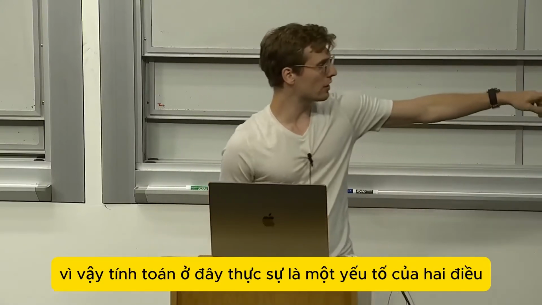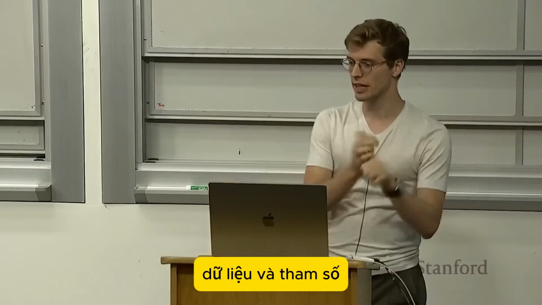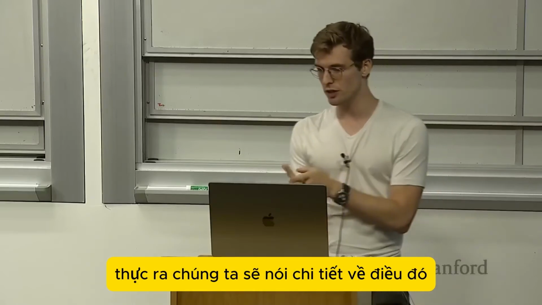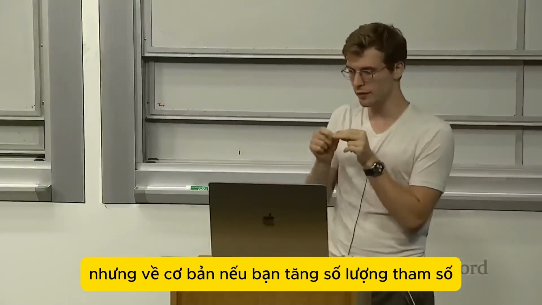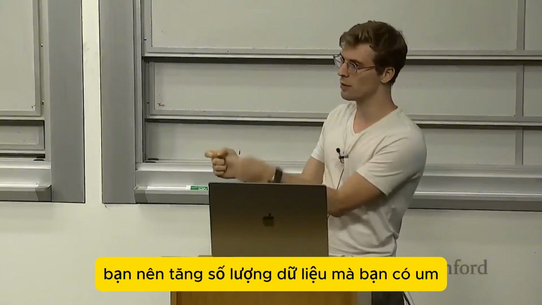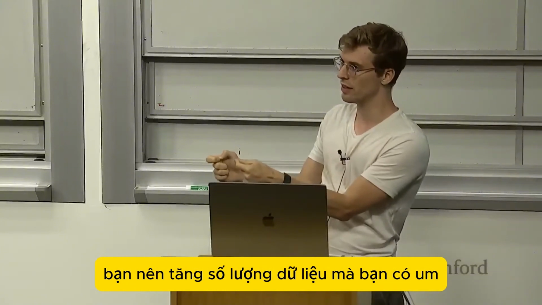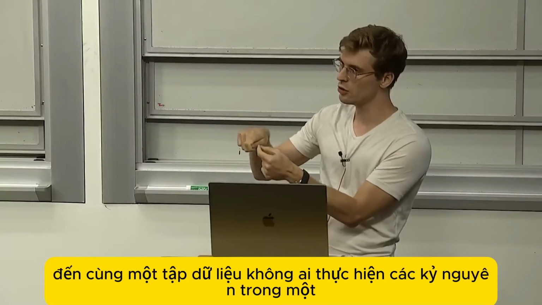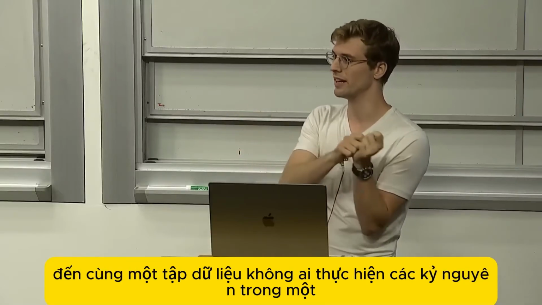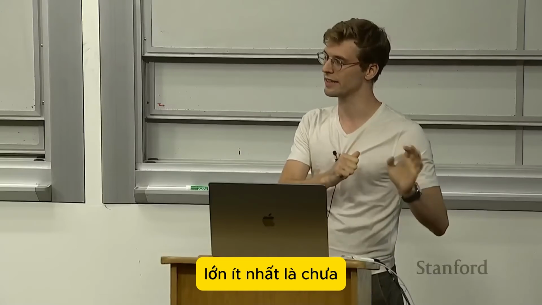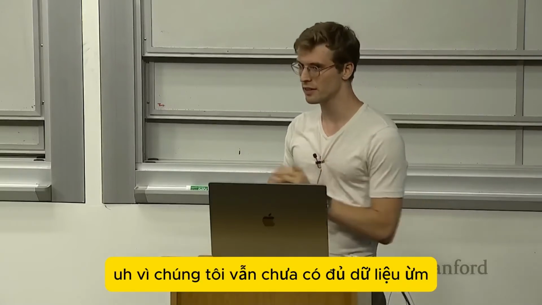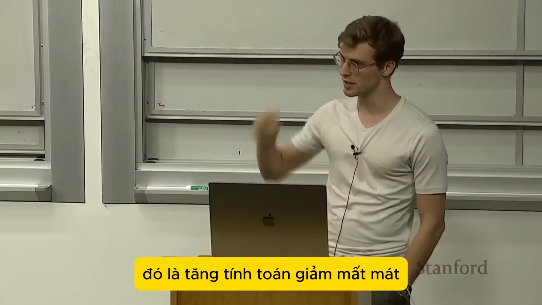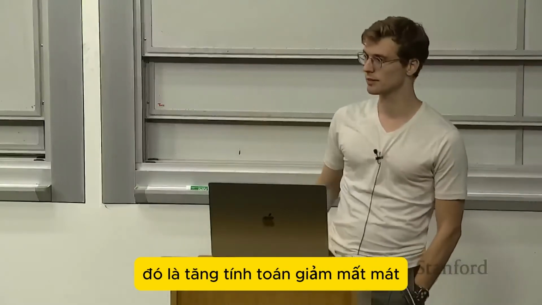So the compute here is actually a function of 2 things, the data and the parameters. Actually, we're going to talk about that in detail, but basically, if you increase the number of parameters, you should increase the amount of data that you have. So you actually don't go multiple times through the same data set. No one does epochs in large language models, at least not yet, because we still don't have enough data. So yeah, this is all the same trend, which is increase compute, decrease loss.